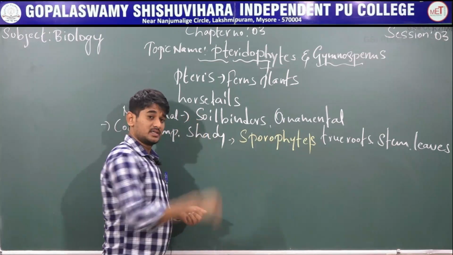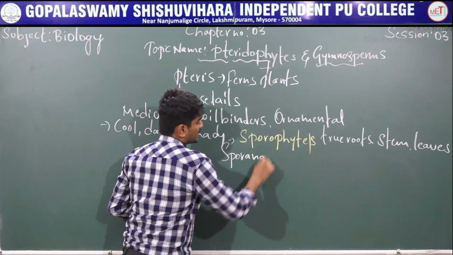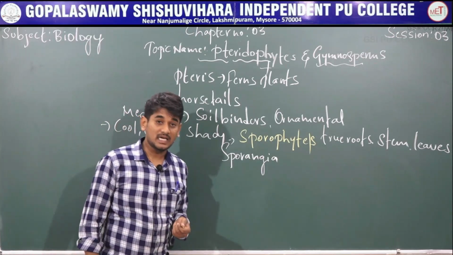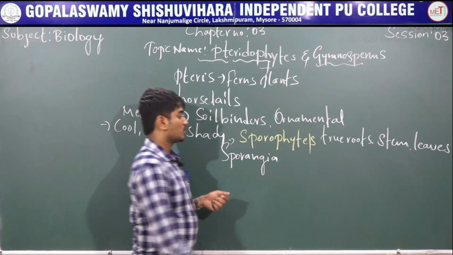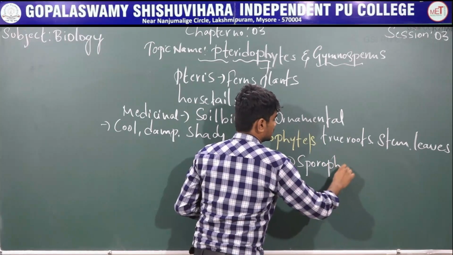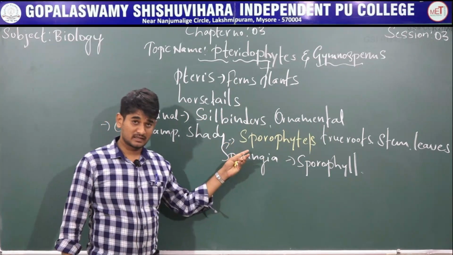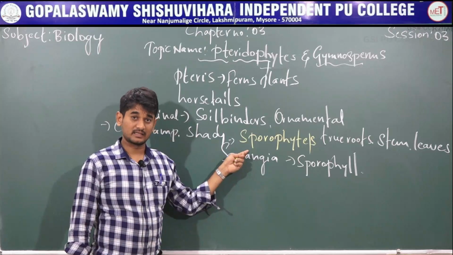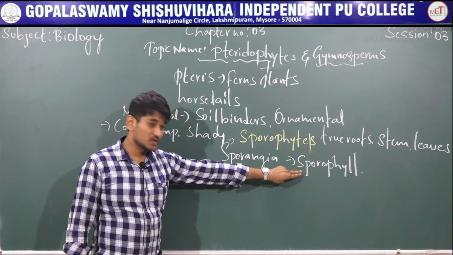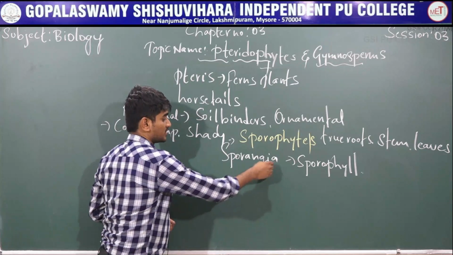The sporophyte bears sporangia that are subtended by leaf-like appendages called sporophylls. So the sporophyte produces some leaf-like structures; these are called sporophylls, and they contain sporangia.